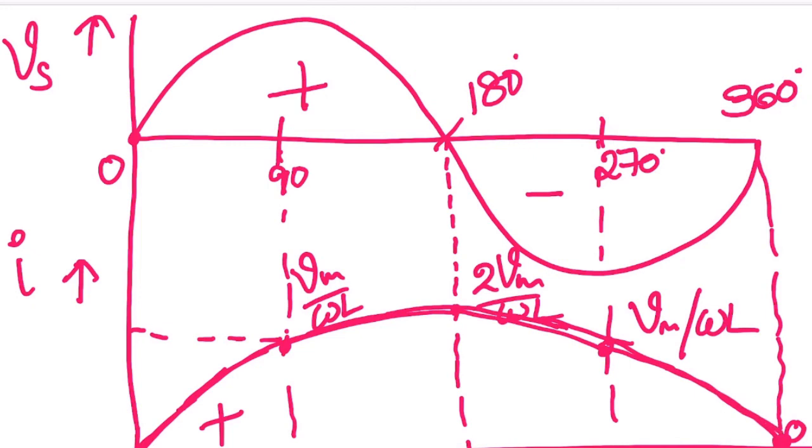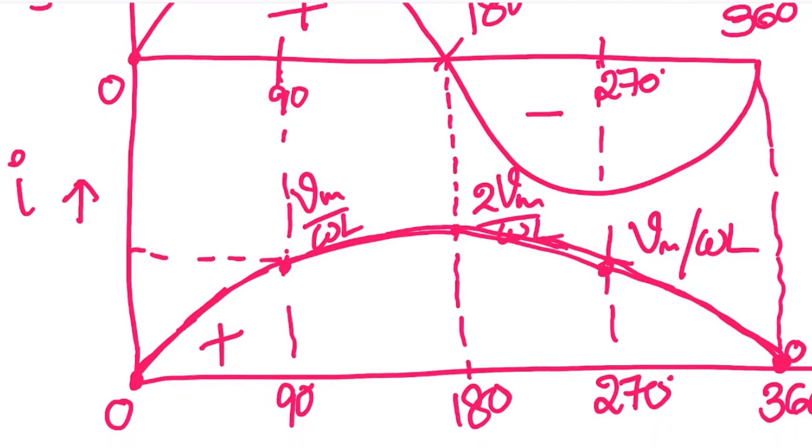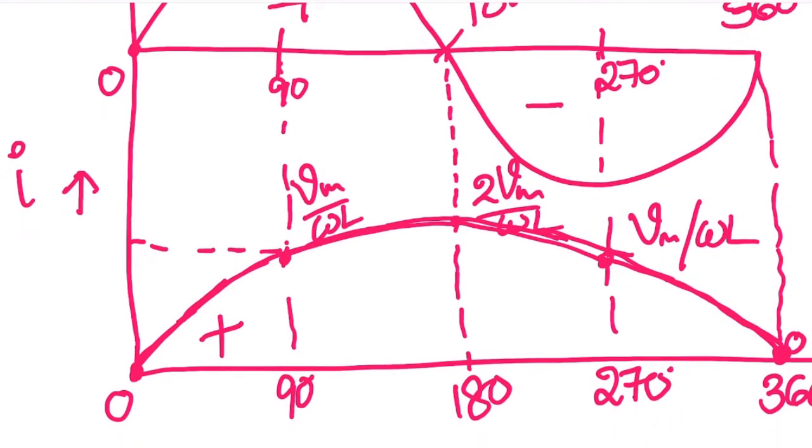That means it started at 0 and stops at 360, so the conduction period of the diode is 360 degrees. The right answer for this question is 360 degrees.